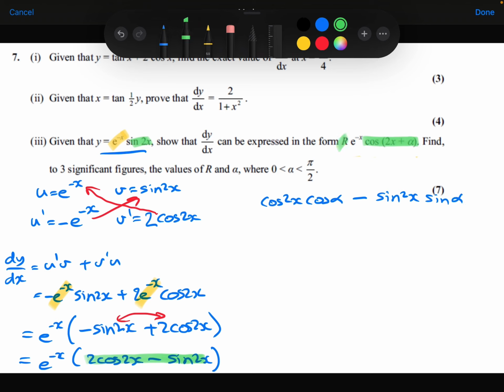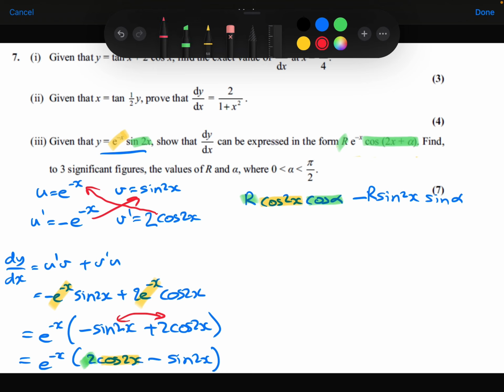Now multiplying that through by the r. Right, let me compare that now with what I had in my differentiation. I've got a cos 2x here, I've got a cos 2x here, which means that my r cos alpha will have to equal 2.